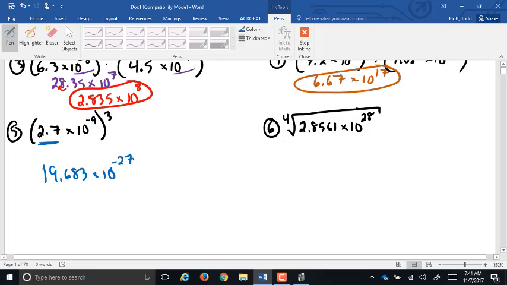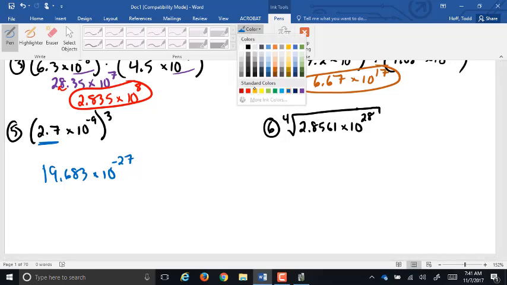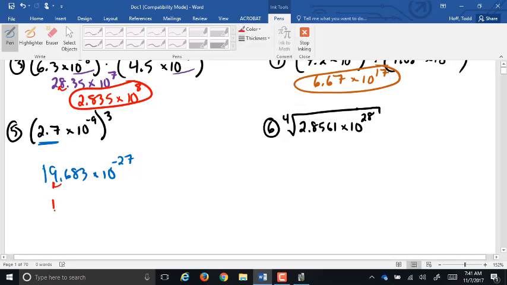When you got an exponent to another power, you multiply the powers. This becomes 1.9683 times 10 to the 26. Number got smaller, so the power gets bigger by 1, so we add 1 to it.